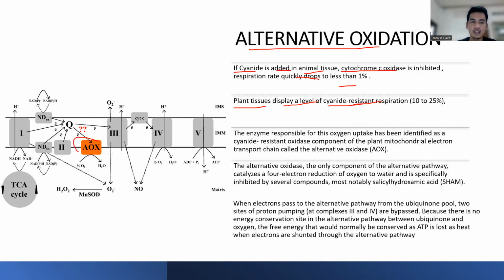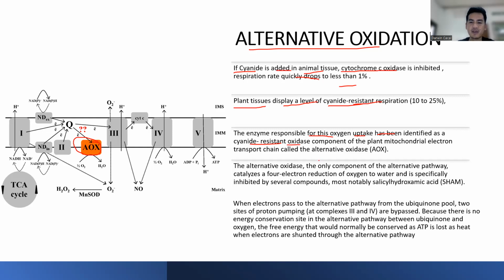So the alternative oxidation is also where the cyanide-resistant respiration comes from. So the enzyme responsible for this oxygen uptake has been identified as cyanide-resistant oxidase. So the oxygen released by the alternative oxidation was resistant to cyanide.